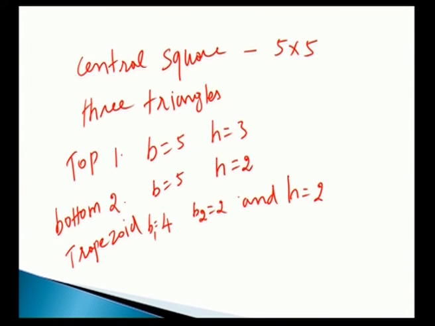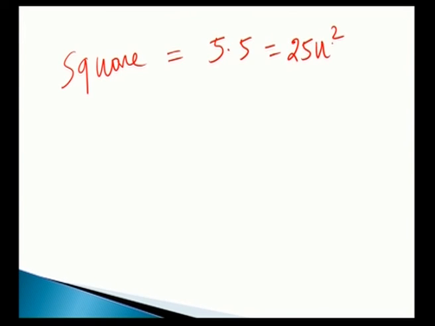Now, find the area of each shape, sum all the areas, you will get the total area of the given figure. So, first square: area of the square is equal to 5 into 5, which is equal to 25 units square.